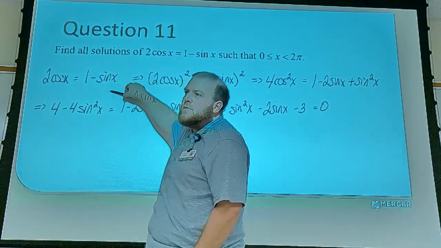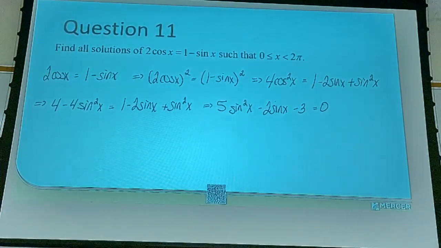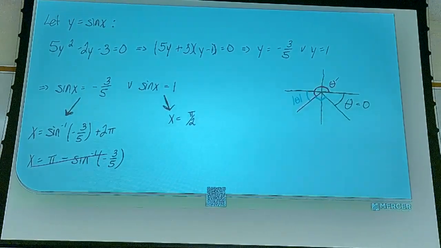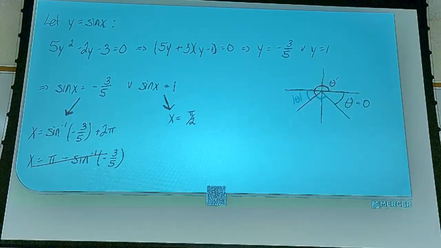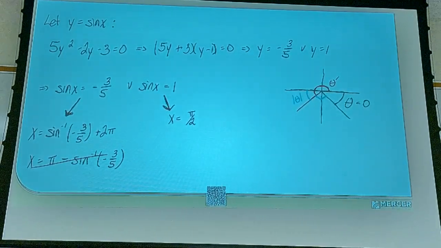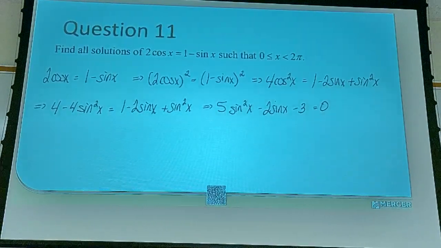Negative can't equal positive. That means that angle is not a solution. Quadrant 4, sine is negative, cosine is positive. You'll get positive equals positive.